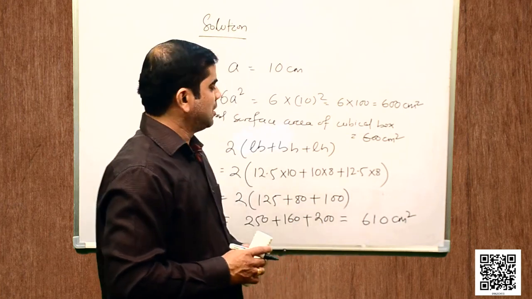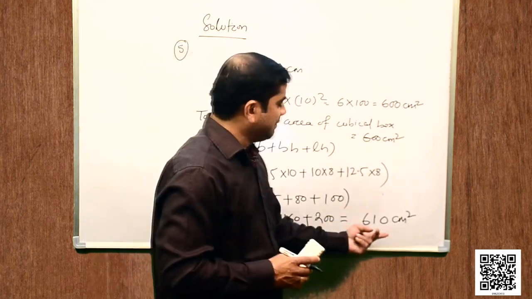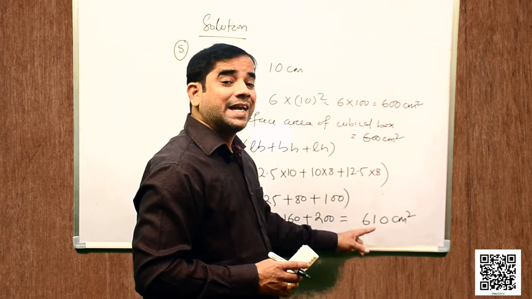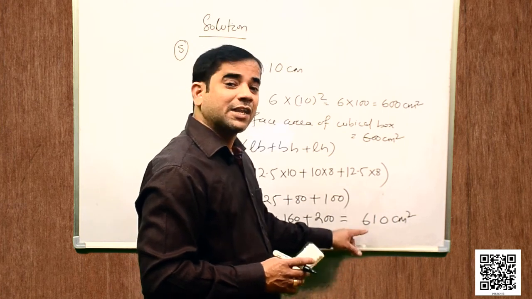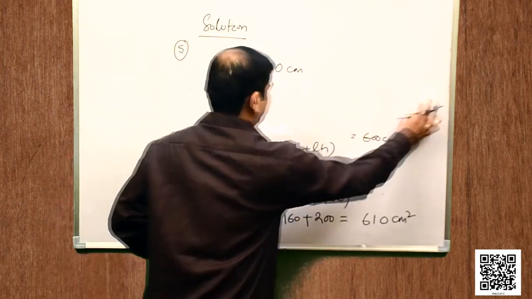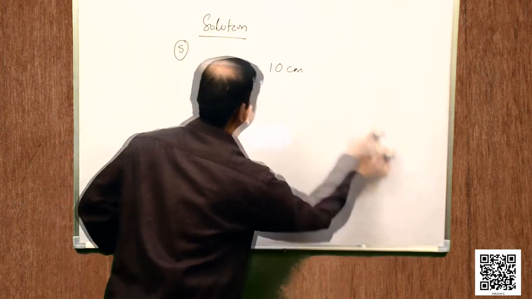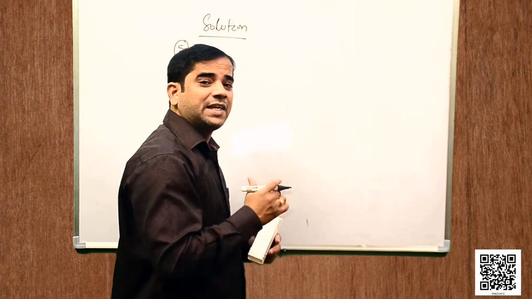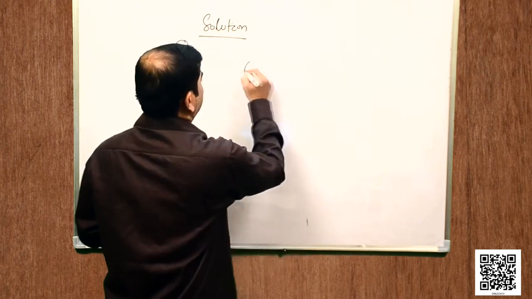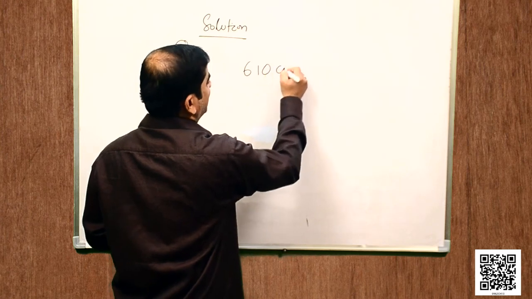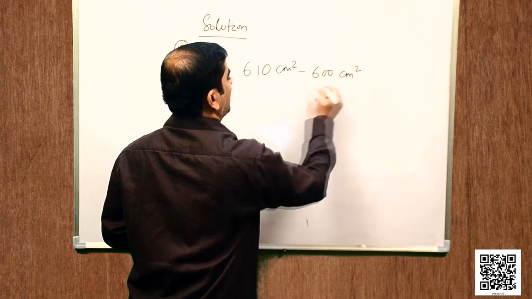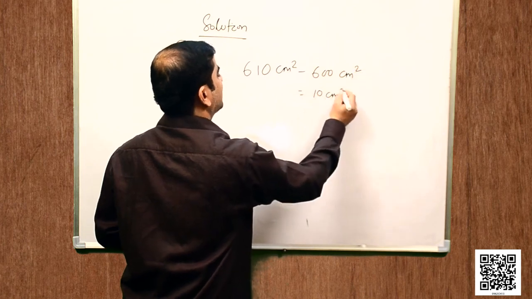Okay. So the total surface area of the cuboidal box as per the given data is 610 centimeter square. So it is clearly visible that the cuboidal box has the greater total surface area. So what is the difference? Students, the difference between the two total surface areas is 610 centimeter square minus 600 centimeter square, that is 10 centimeter square.